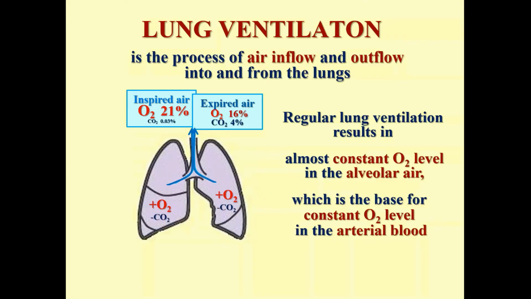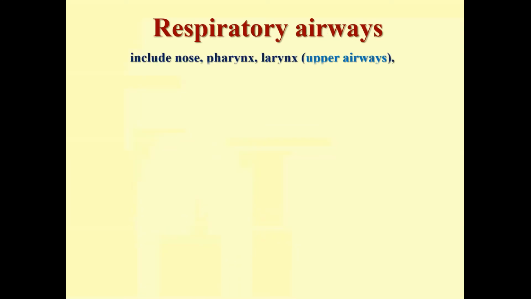As you may notice from the picture, and generally you know, the lungs are not connected to the atmospheric air directly. There is a space between. This is a buffering and conducting space, which is respiratory airways. Respiratory airways are divided into upper and lower, as you know from anatomy.